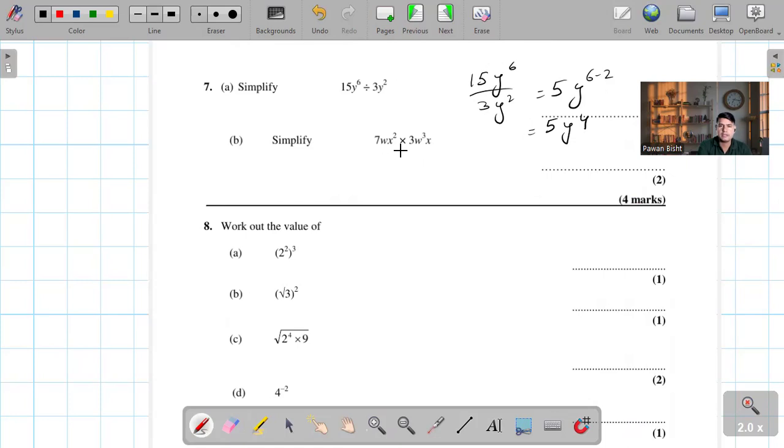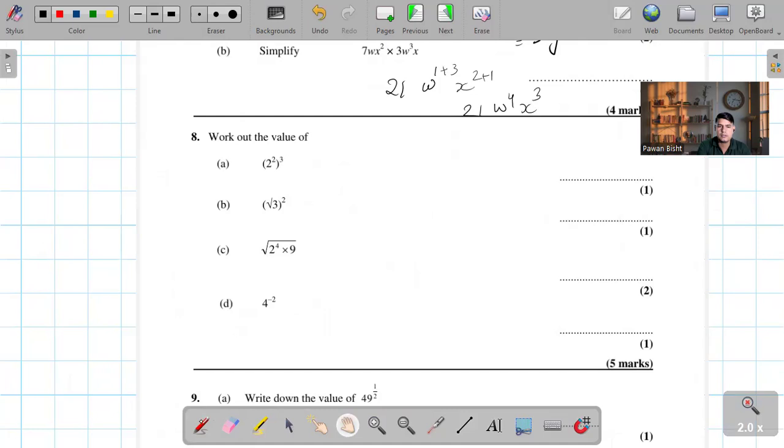Here multiply 7 times 3, 21, w. Now base same and there is a multiplication, so power will add: 1 plus 3, x square plus 1. So 21w^4x^3. Right? Clear? Next question.